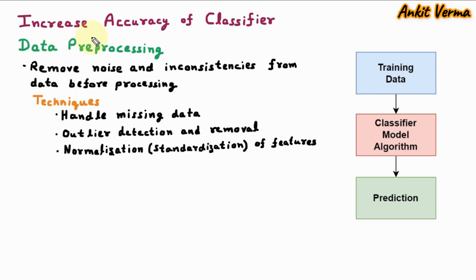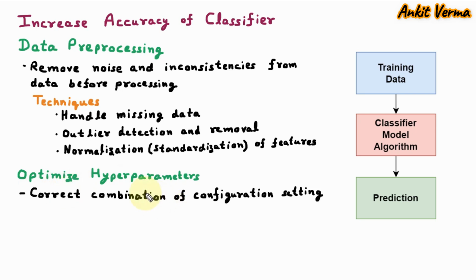Next technique to increase accuracy of classifier is optimize hyperparameters. Here we use the correct combination of configuration setting. The hyperparameter is called the configuration setting.